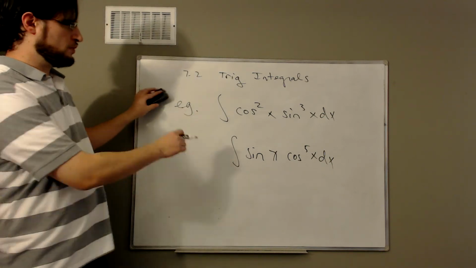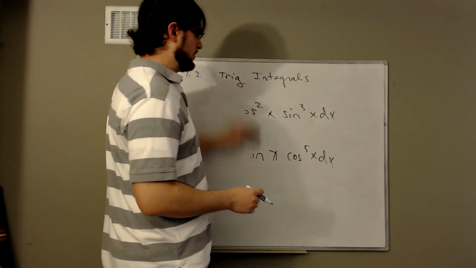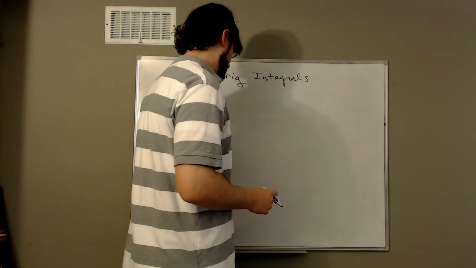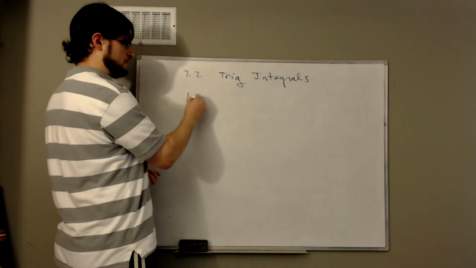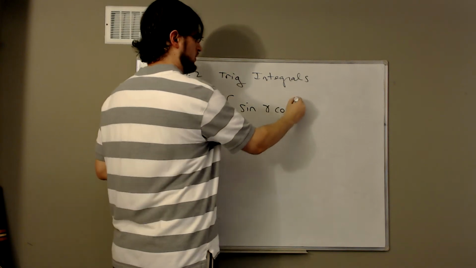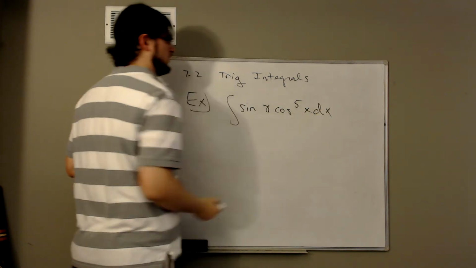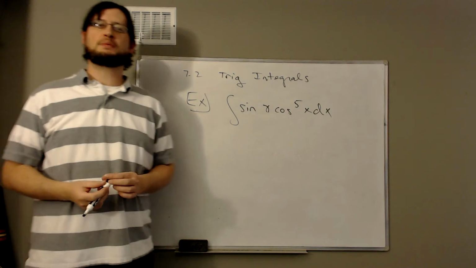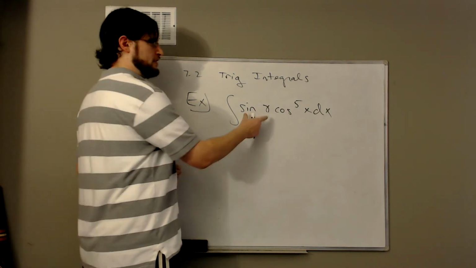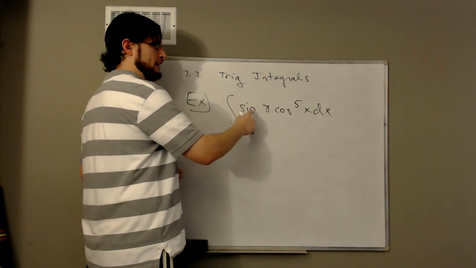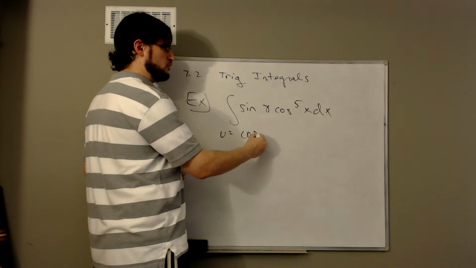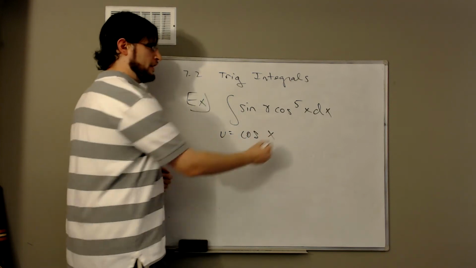Let's actually start with this one that's at the bottom. We've seen something similar to this already. So sine x cosine to the fifth x. We've actually already seen an example of how to solve this. When we have a single sine, and everything else is a cosine, we can use a u substitution with u equal cosine x.